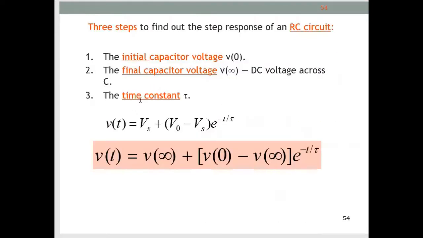And the last one, find the time constant tau equal to RC. So V(t) is the same, this slide just writes back the purple box equation. V(t) for t more than 0 equals V infinity plus (V0 minus V infinity) times e to the negative t over tau.